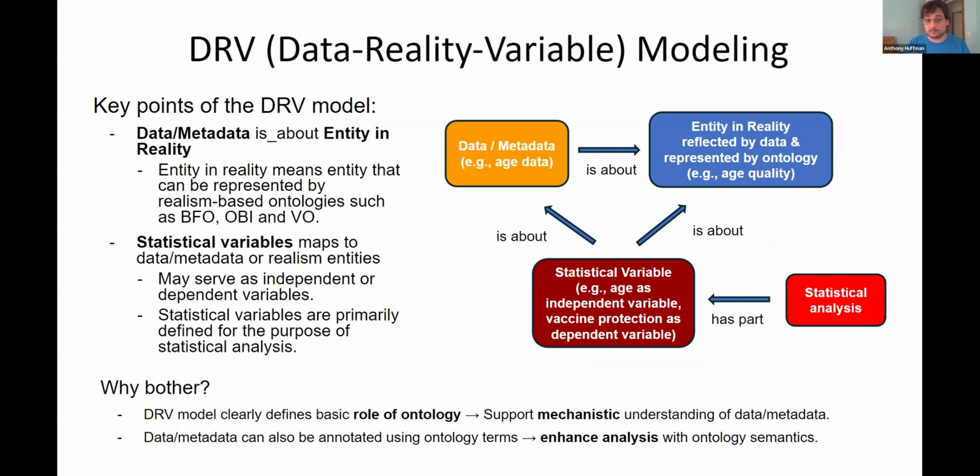And this is what shows up in the different BFO-aligned ontologies. Statistical variables, which are an information content entity used as part of statistical analysis, can either be about an independent variable or a dependent variable, depending on if it's being used as part of the inputs of the data or if it's being used to describe the entity in reality.